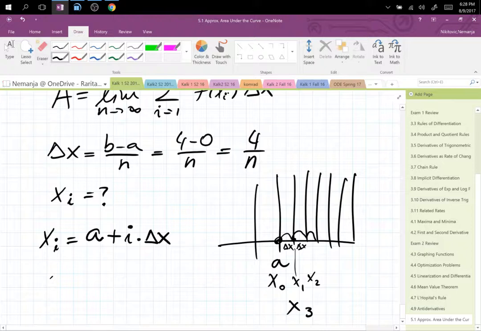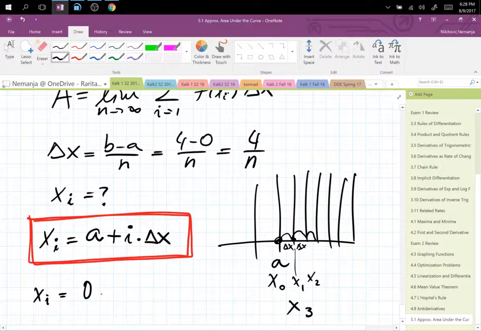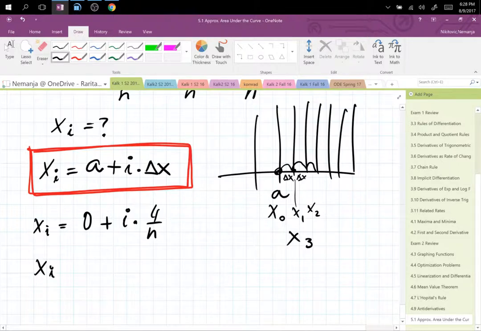So what we just made over here is the formula for xi, and for our problem, xi is 0 plus i times 4 over n. So for our particular example, we have 4i over n. Make sure that you understand this i is not a complex i. It's just a counter i that we use in discrete mathematics.